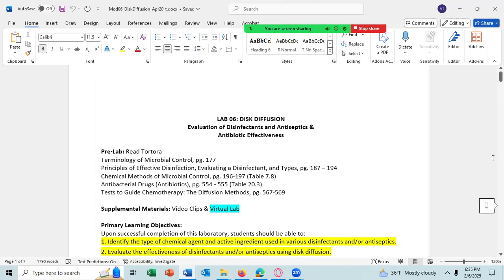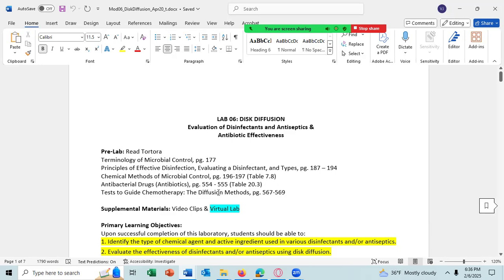There is some reading to do in this lab, so please read page 177 about terminology of microbial control. Please read pages 187 to 194 about the principles of effective disinfection, evaluating a disinfectant, and pages 196 to 197, particularly table 7.8, on chemical methods of microbial control.